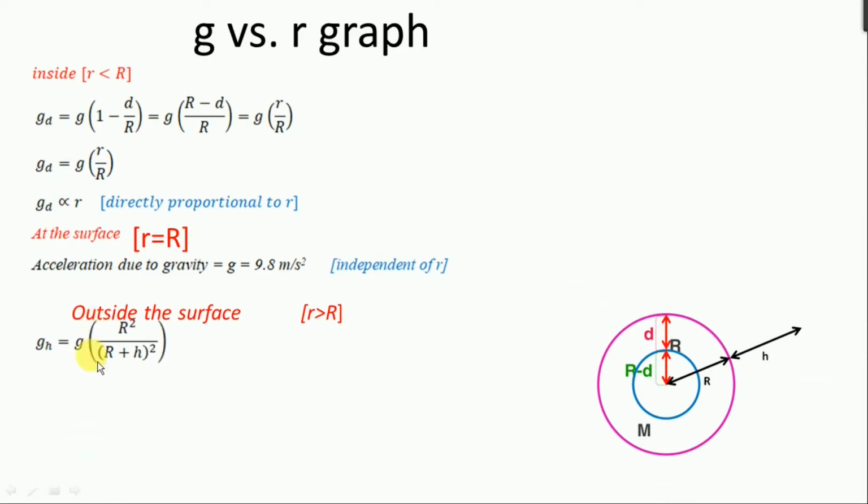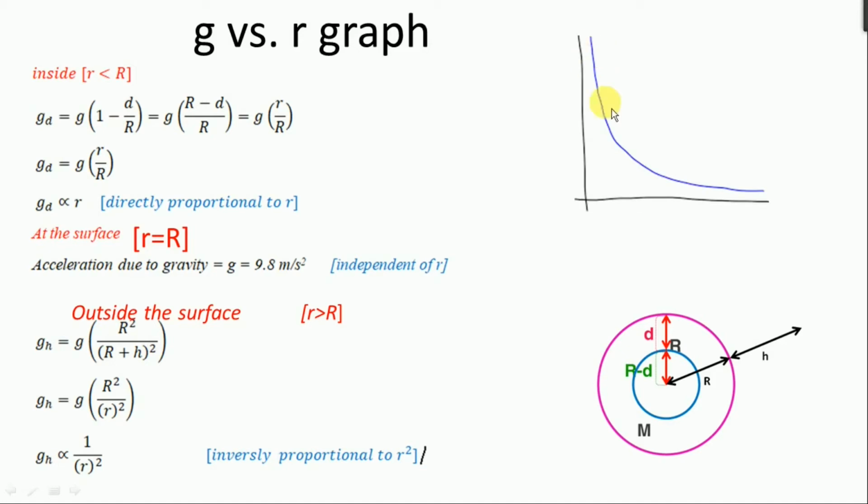This is the formula when h is comparable to the radius. Now R plus h is the distance, so I can represent it by small r. So gh is inversely proportional to 1 by r square. For inversely proportional we have a graph like this.